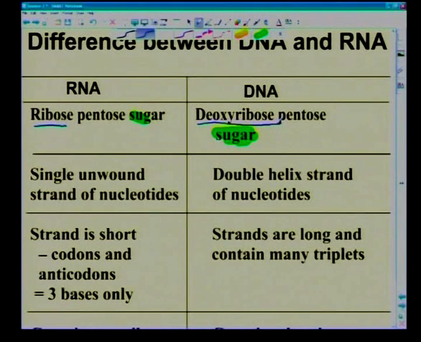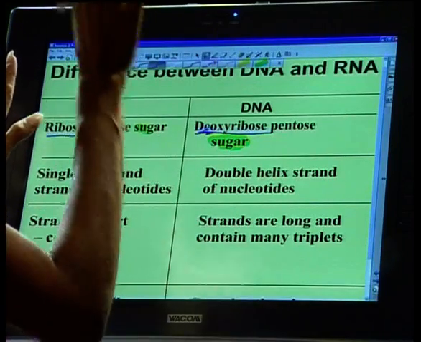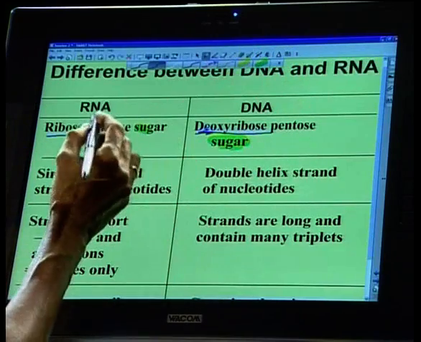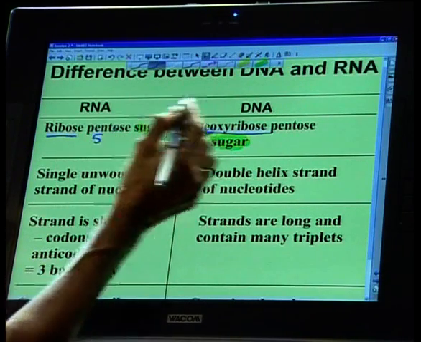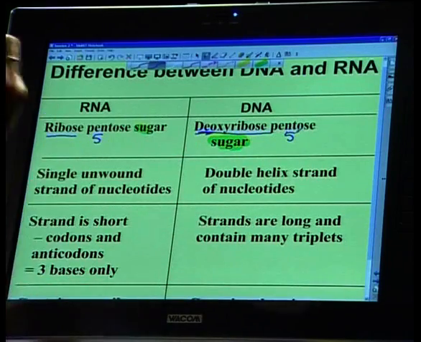But in both cases, the sugars are pentose sugars, 5 carbon sugars. So the name of the sugar is based on the number of carbons. It doesn't lose a carbon, it loses an oxygen. So ribose sugar and a deoxyribose sugar. Pentose means it has 5 carbons. So ribose, deoxyribose.